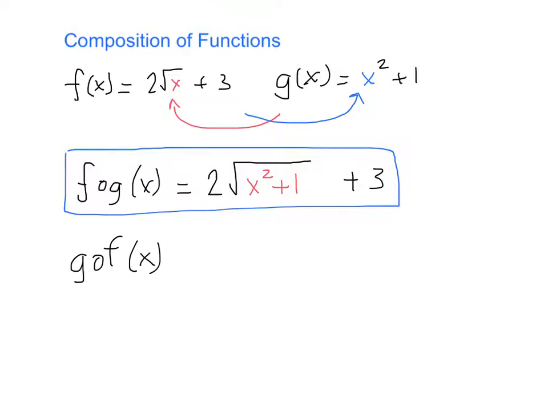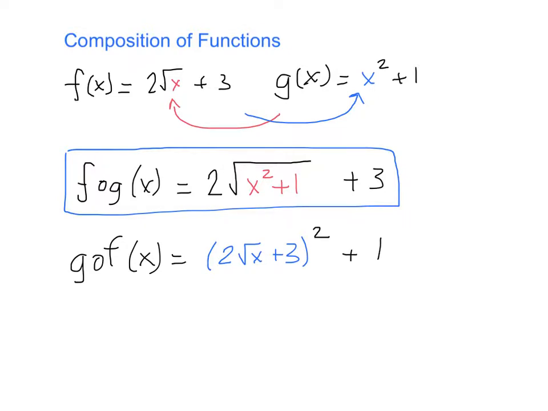So we're going to take the 2 square root of x plus 3 and insert it where x is in the function g of x. So we're going to take that 2 square root of x plus 3 and actually square it, in the same way that x is squared in function g. And then we just have a plus 1 on the end.